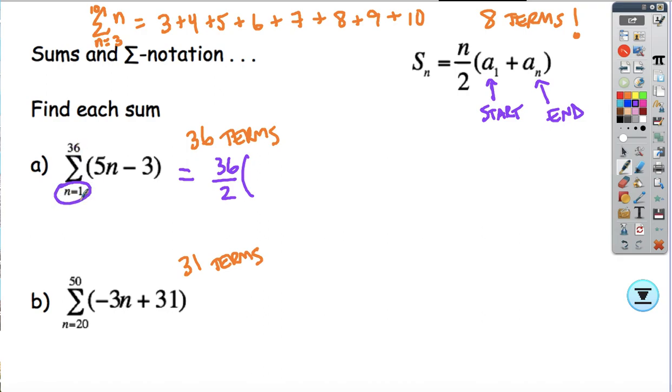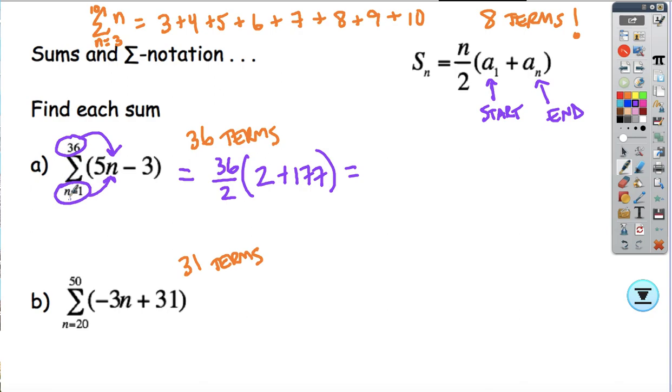I plug a 1 into my equation to get my starting term. So if I plug a 1 in there, 5 times 1 is 5, minus 3 is 2. That's my starting term. To get my ending term, I plug a 36 into the formula. 5 times 36 minus 3 is 177.